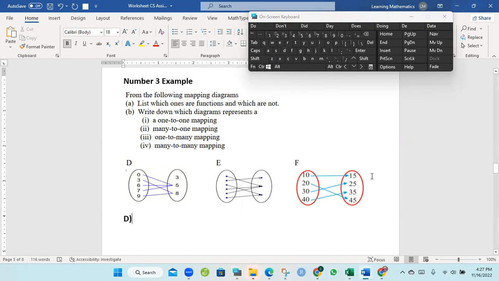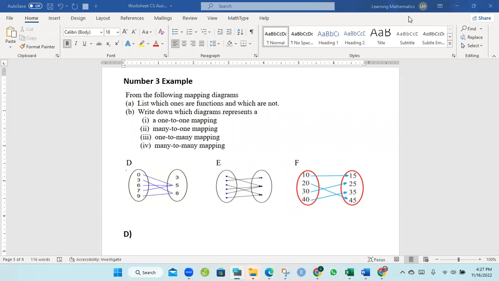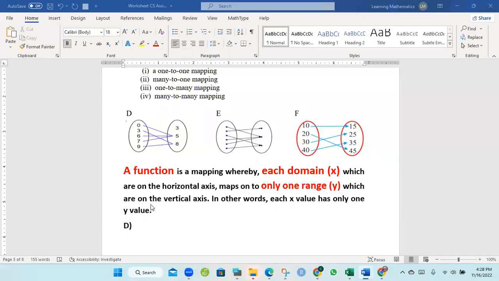And before we begin, let us recall what is the definition of a function. A function is a mapping whereby each domain, each x value, these are the values on the left, okay?